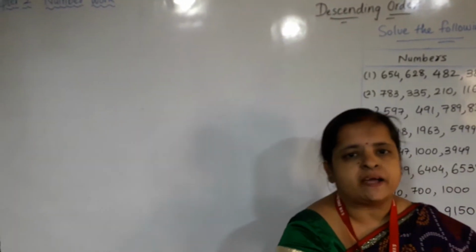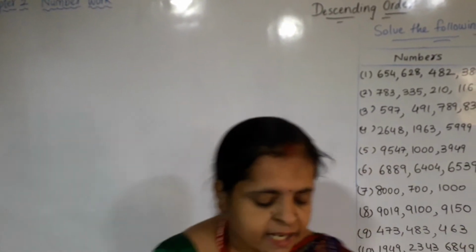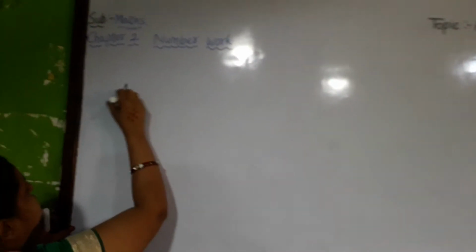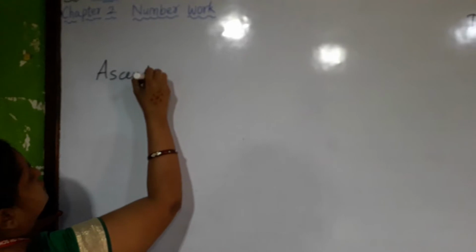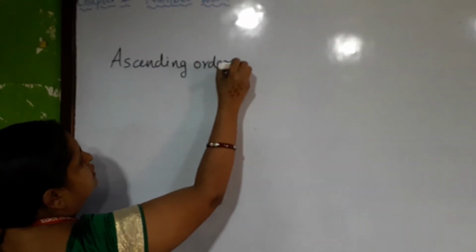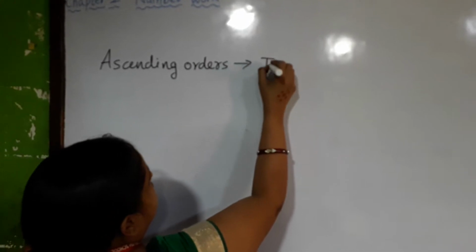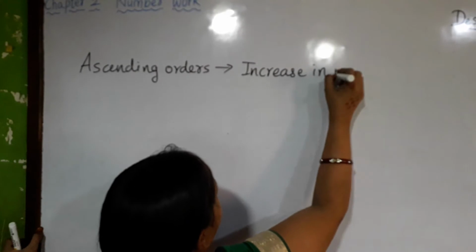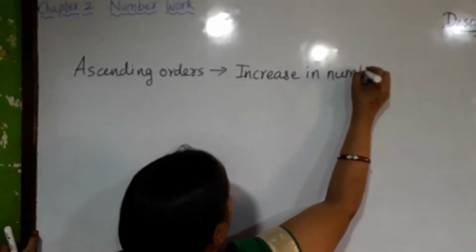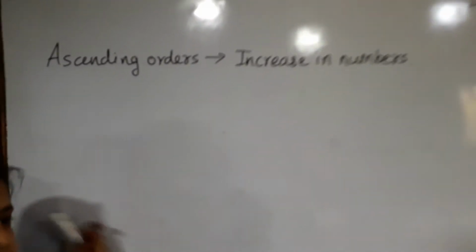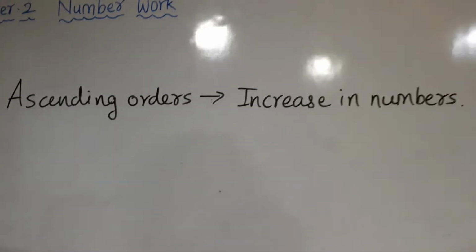What do you mean by ascending order? Ascending order means increasing order. It means an increase in numbers. For example, I will start with the small numbers first.